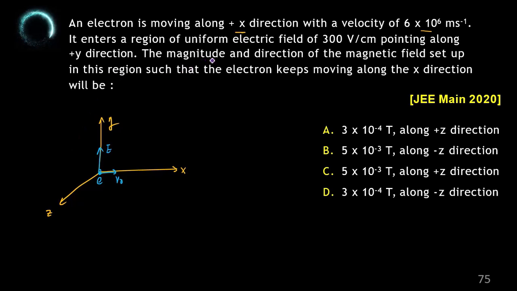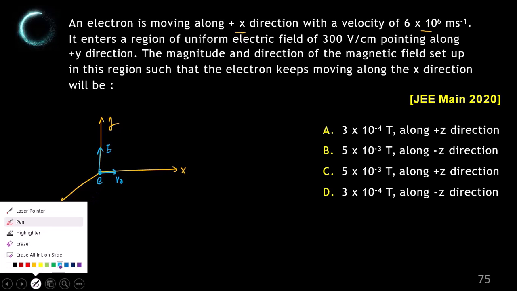The direction of the magnetic field is set up in this region such that the electron keeps moving along the positive x direction. So because of this electric field, the electron will feel a force in the upward direction or downward direction? Downward, because it is negative.